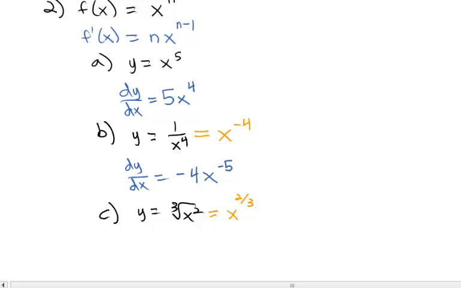So this is really x to the 2/3 power, which means the derivative, dy dx, is equal to, move the 2/3 out front, x to the 2/3 minus 1. 1 is 3/3. 2/3 minus 1 is negative 1/3. So x to the negative 1/3 power.